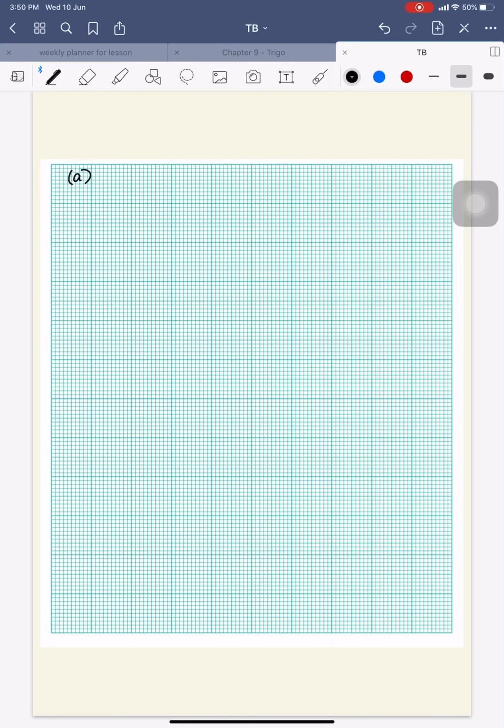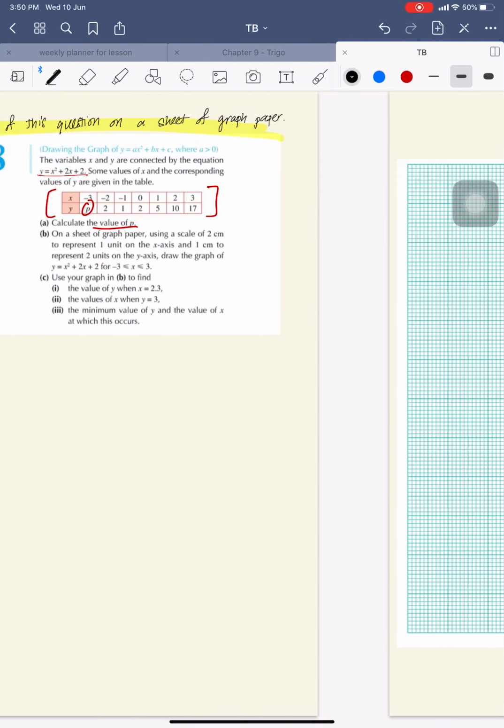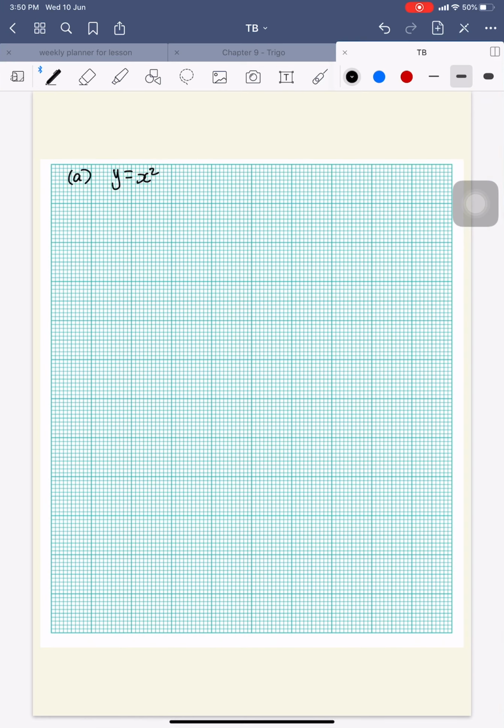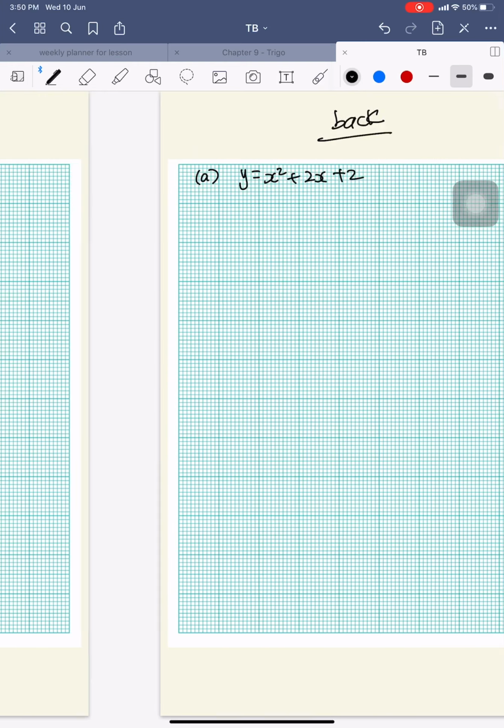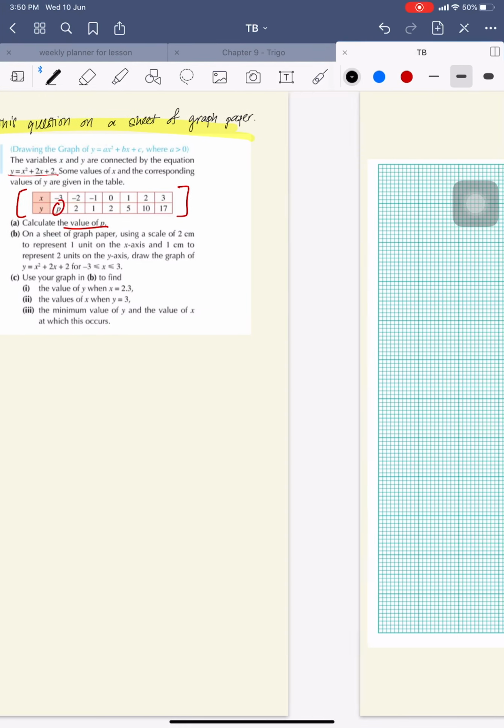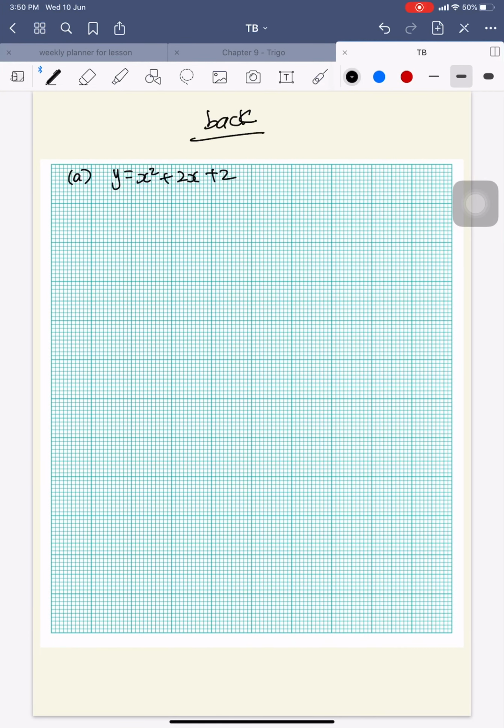So I will answer part A. First I will write down the quadratic equation, which is x squared plus 2x plus 2. And I'm supposed to find P when x is -3.